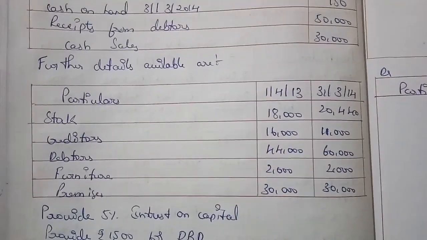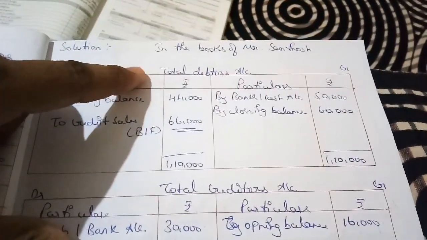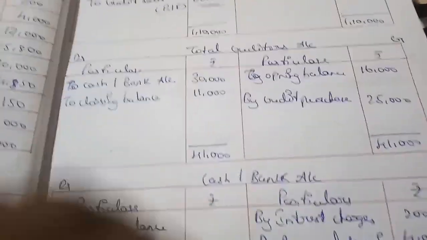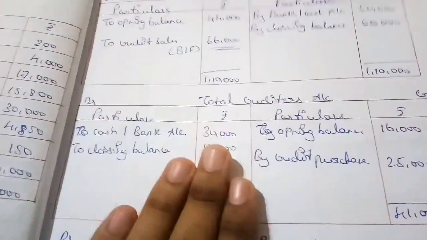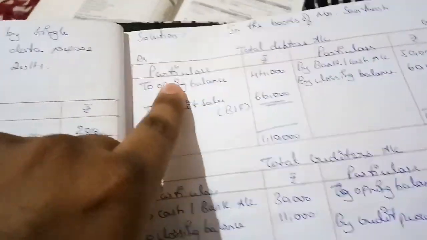Yes. So guys, here I have finished 3 accounts, that is total debtors, total creditors, and cash bank account. So here, how did I do this, I am explaining, so be clear enough. Okay, so guys, the opening balance I have taken from here.